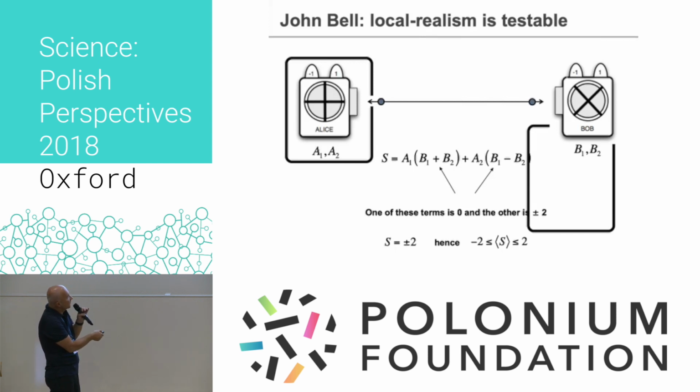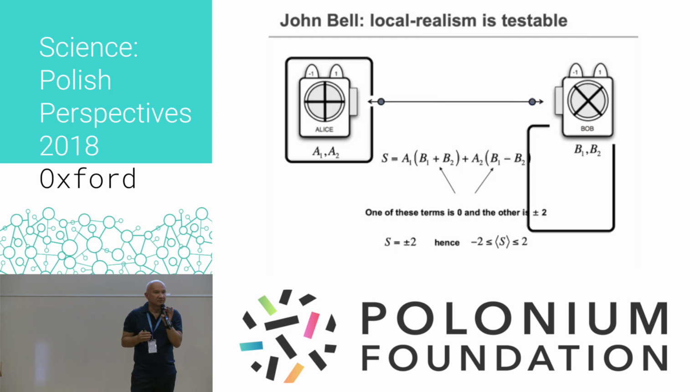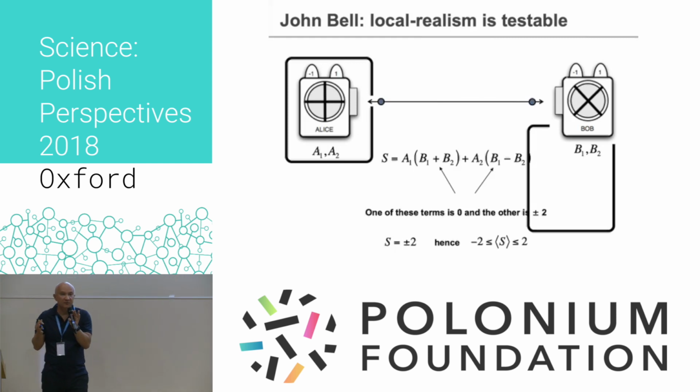So this is the Bell inequality: the average value of S has to be somewhere between minus 2 and 2. Very simple. The mathematics is just trivial, right? Any person can follow this after elementary school pretty much. But the physical interpretation is not trivial.